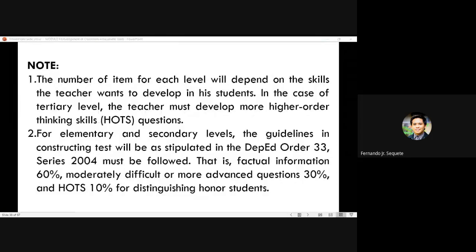According to this, it is 60%, which is a lot. Since these are factual information, they belong to the LOTS, the lower order thinking skills. This is for elementary and secondary levels. Moderately difficult or more advanced questions are only 30%.